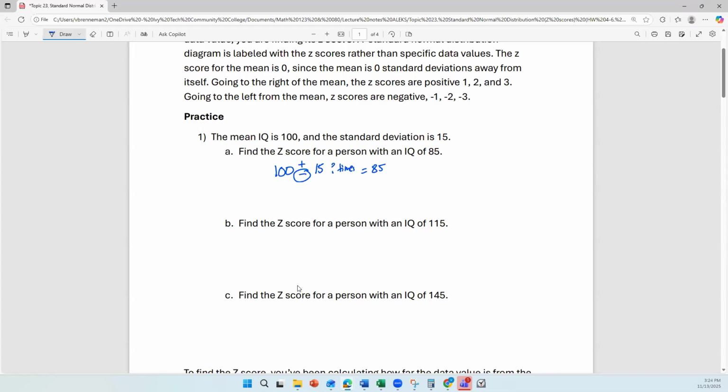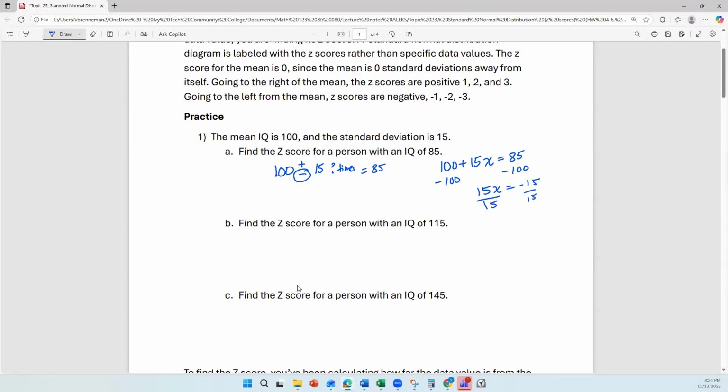We could write that algebraically as 100 plus 15x equals 85. So we would subtract and get minus 15. That's where the subtracting part comes in. And then divide to say how many times.